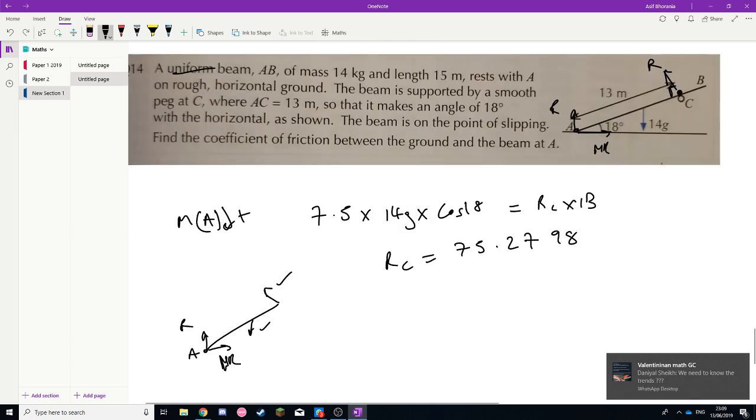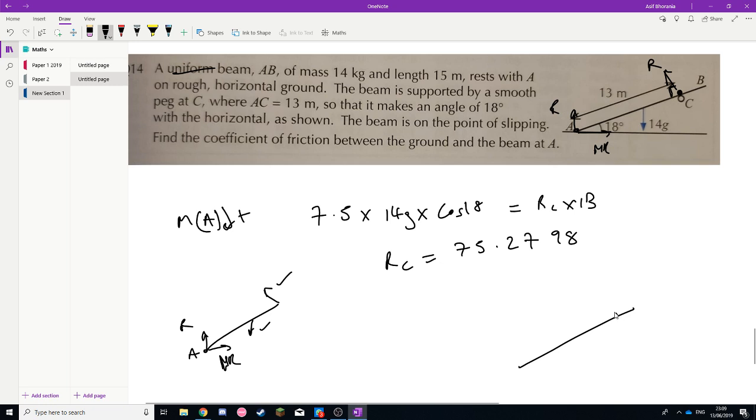Let me look at this better. So I have this, and this is 18. This is a right angle. How do I want to do this? Parallel, perpendicular. No, that doesn't work. I want to do this.